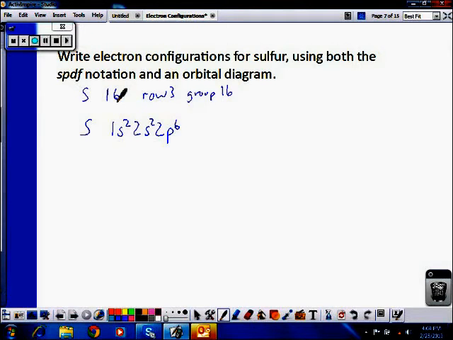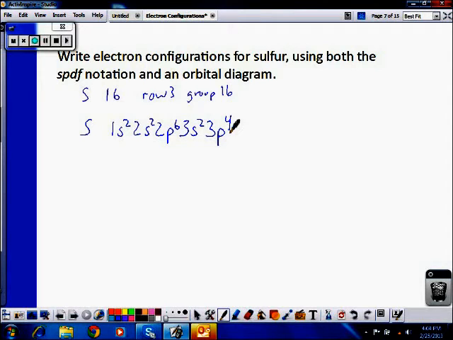So if I stopped right now, you notice 1s2, 2s2, 2p6 is the electron configuration of neon. I'm at the end of row 2. I start row 3. 3s2. That gets me to magnesium. So now 12 electrons of the 16 have been placed. So the next sublevel to fill is 3p, and it would get 4 electrons. So this would be the electron configuration of sulfur.